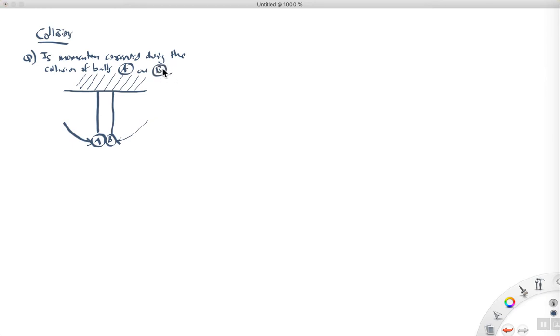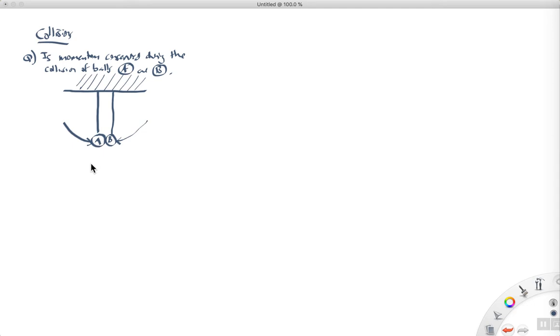And in particular, is the momentum that is lost by ball A the same as the momentum gained by ball B during the collision? Or conversely, is the momentum that is lost by ball B the same as the momentum gained by ball A during the collision?